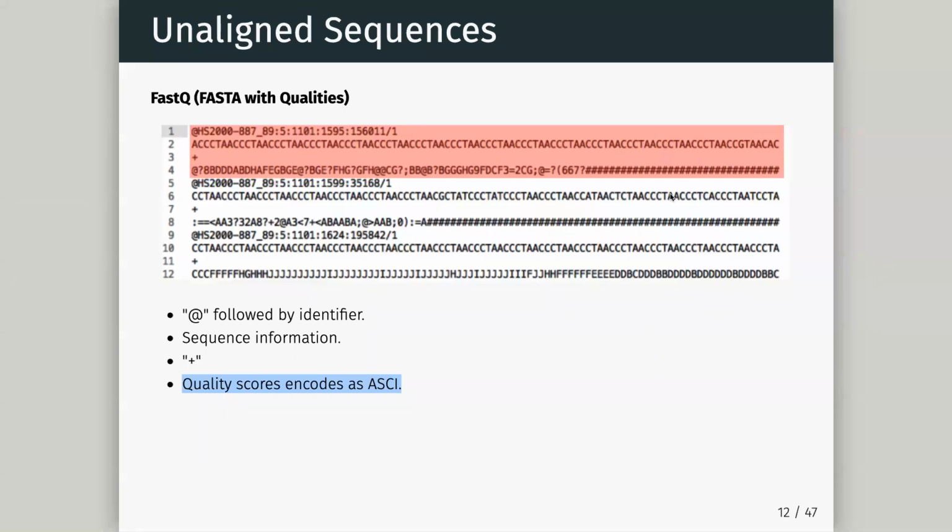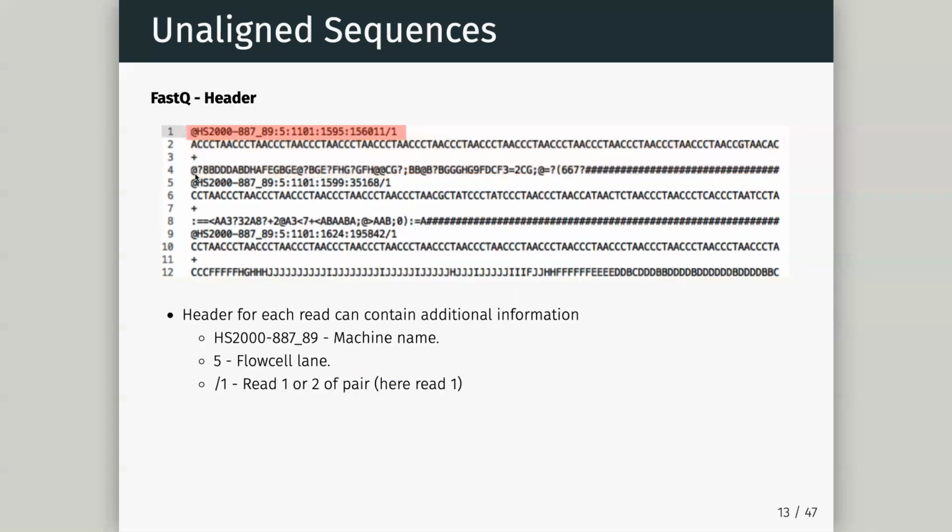I want to come back to this in more detail, but these qualities effectively tell you how likely you are to have called the correct base. The reason they encode it in ASCII is because that saves a lot of space. We don't want to write 0.1001 chance of this being wrong. We can encode it as an ASCII score, and I'm going to show you this in a bit.